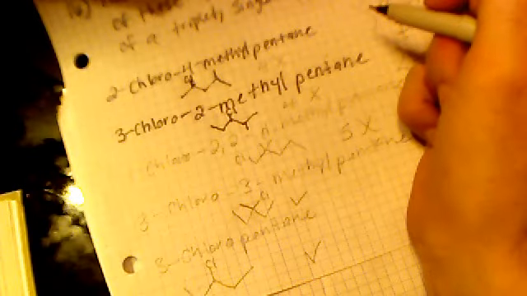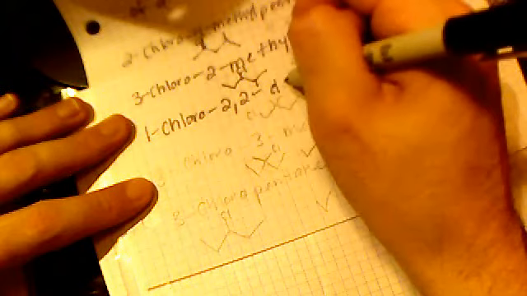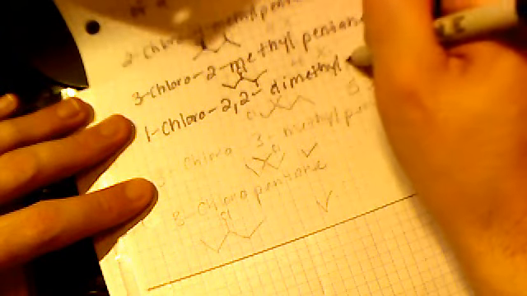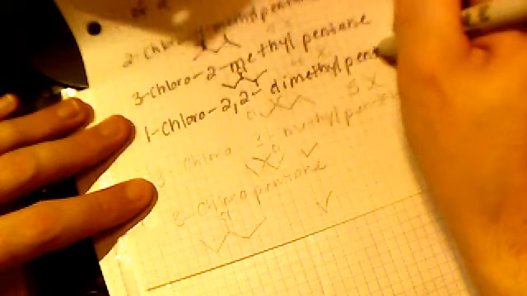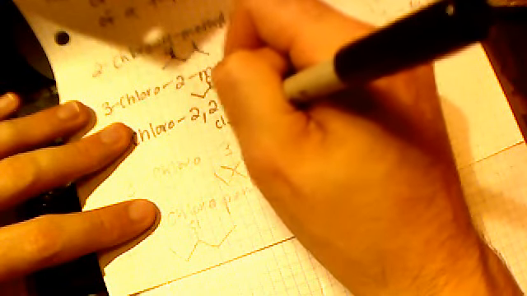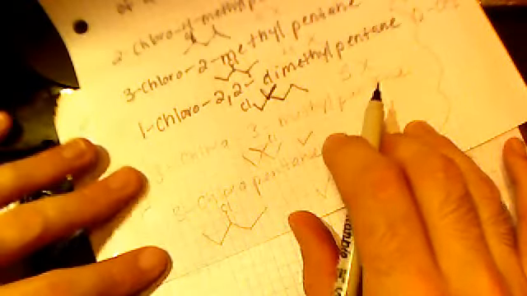Cl. We have 1-chloro-2-dimethylpentane, right? And that gives us Cl. I'm just drawing in those molecules real quick.